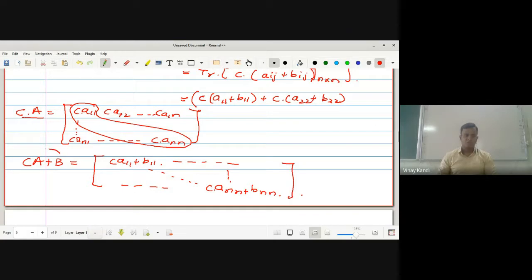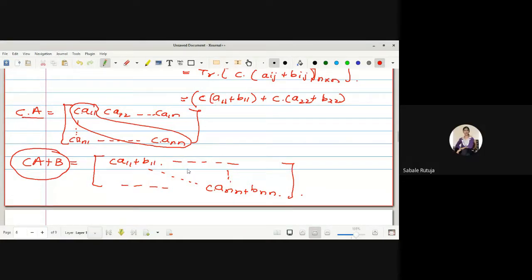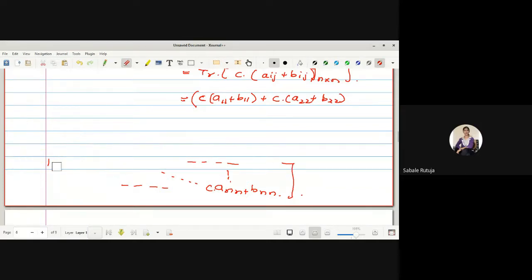Okay, now the trace of C into A plus B is nothing but C into A11. Wait. C into A11 plus B11. There will not be a complete bracket here.